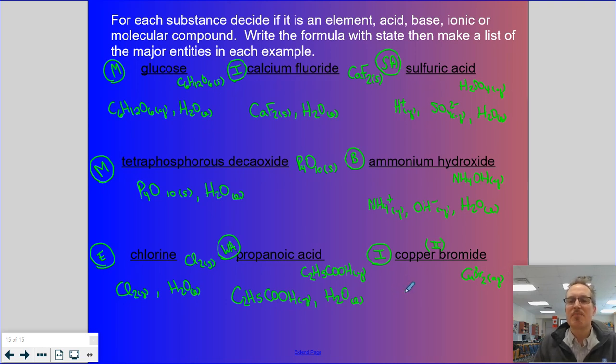Therefore, when I drop it into a bucket of water, it will dissociate because it is highly soluble. Copper 1, low solubility. This is actually copper 2. So this is going to break into copper 2 ions, bromine ions, and of course, water.